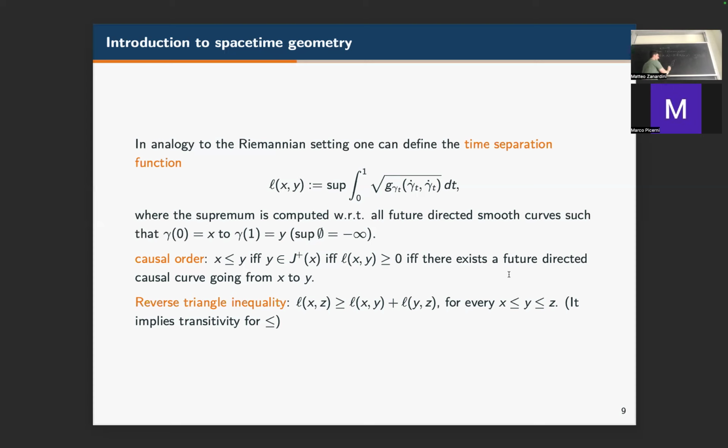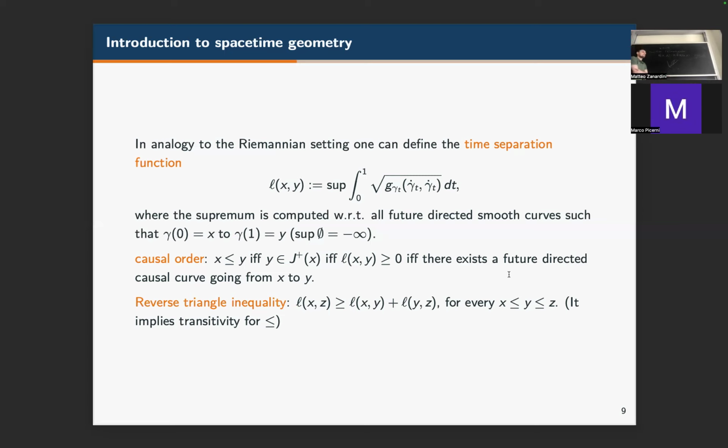Of course, if y is not in the future of x, there are no such curves, but let's consider this kind of curves. And you supremize among all these curves the Lorentzian length. You see now that g is the Lorentzian metric tensor, and that is precisely the Lorentzian length.